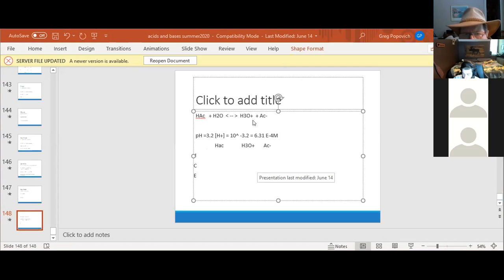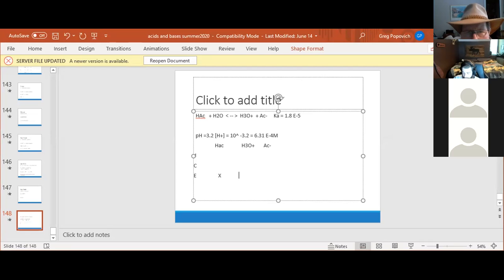And the other bit of information that I have is that my Ka is equal to 1.8 e to the minus 5th.